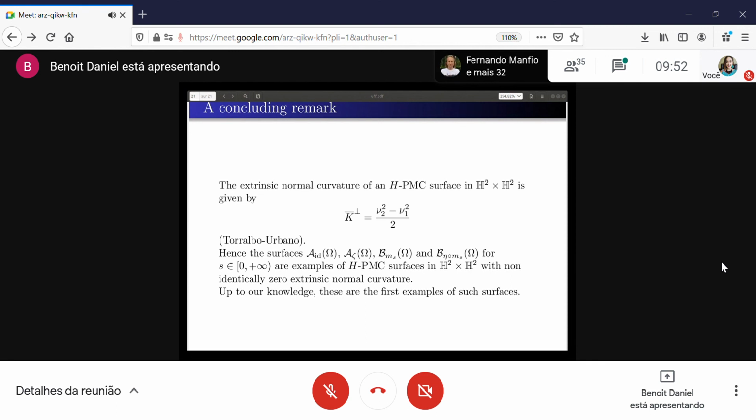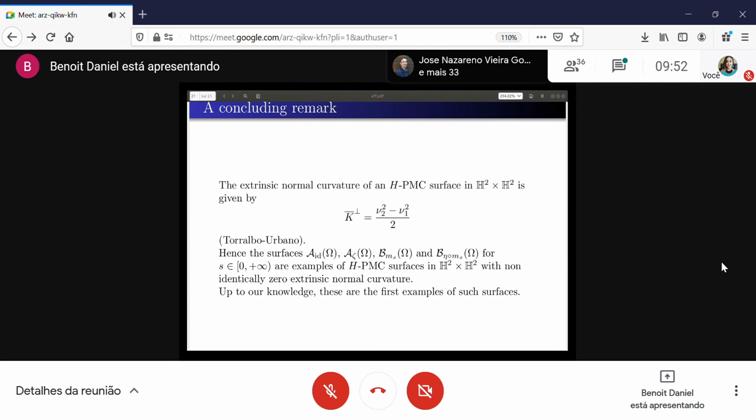You have 5 types of new examples of HPMC. Can you say there's some difference in the behavior of the normal vector?